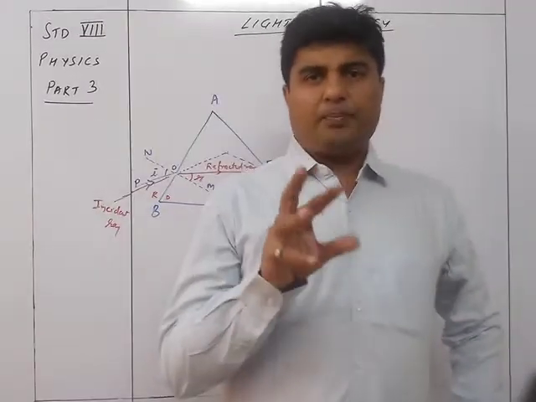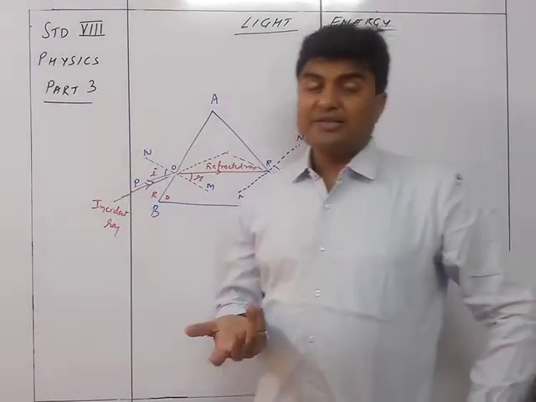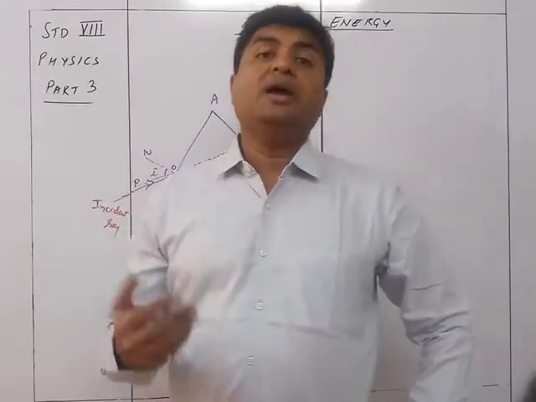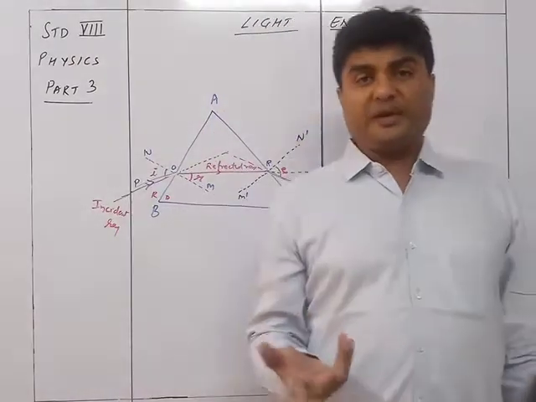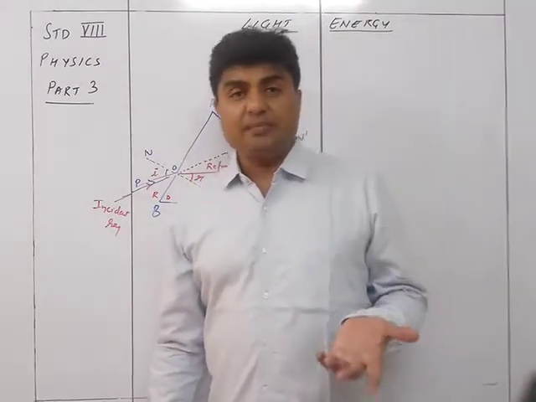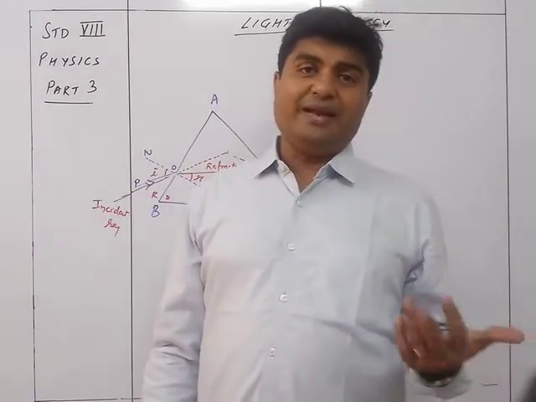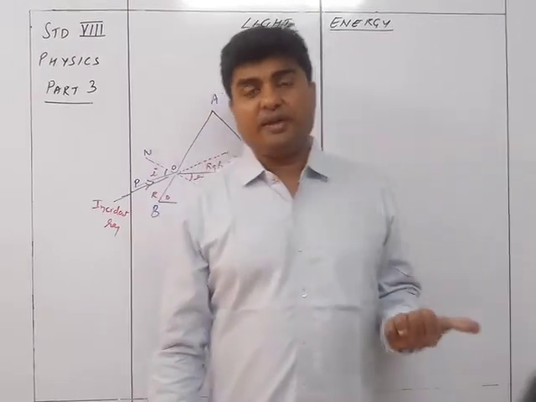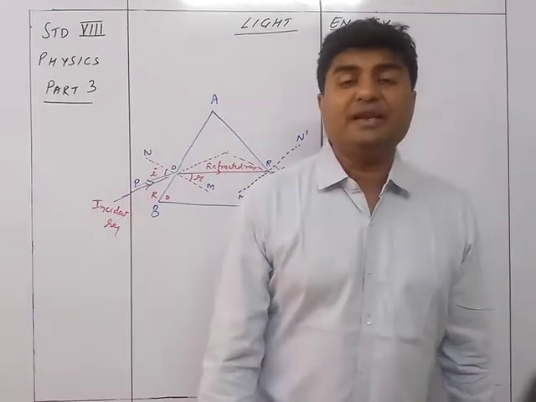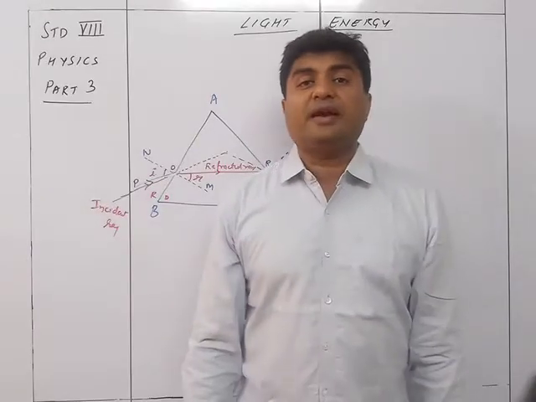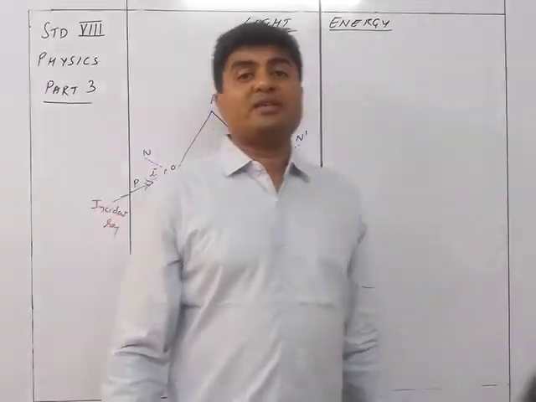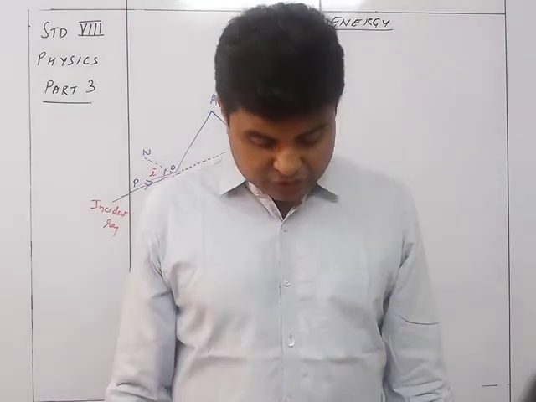So this is an important differentiation between refraction in a glass slab and refraction in a glass prism. In case of a glass prism, the emergent ray is not in the same direction as that of the incident ray, whereas in case of the glass slab, the incident ray and the emergent ray are in the same direction, only with a slight lateral displacement.